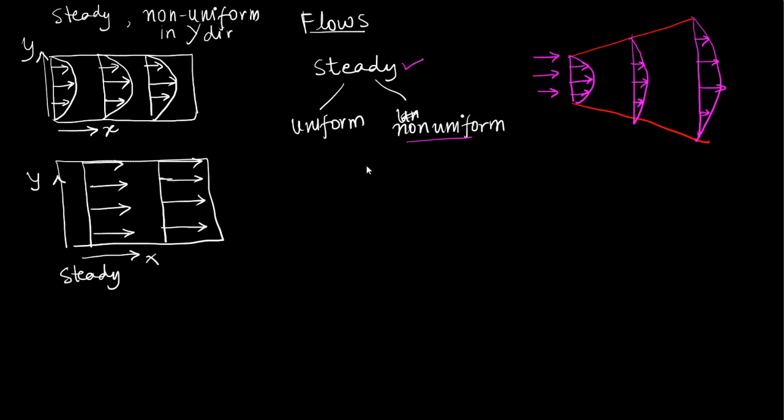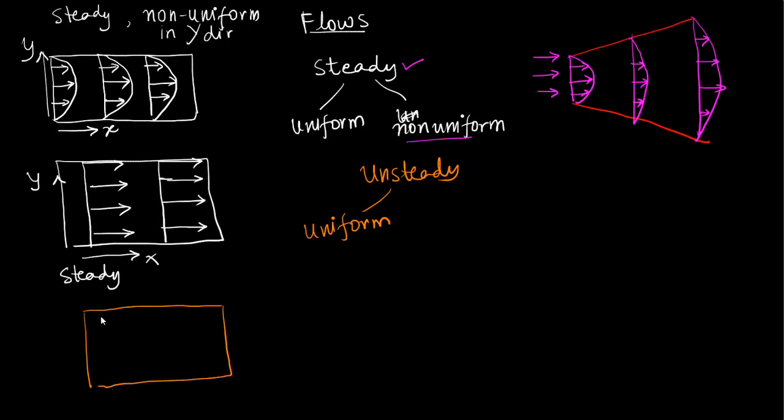Let us look at some examples of unsteady but uniform flows. So let us draw the flow profile as something like this. It's uniform, so all the velocity vectors must be in the same direction throughout the flow domain.